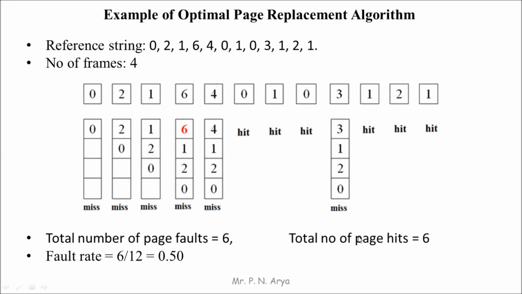The fault rate may also be asked in the exam. How to calculate the fault rate? The total number of page faults is 6 and the total number of reference strings is 12. So the total number of page faults divided by the total number of reference strings, 12, gives a fault rate of 0.50.